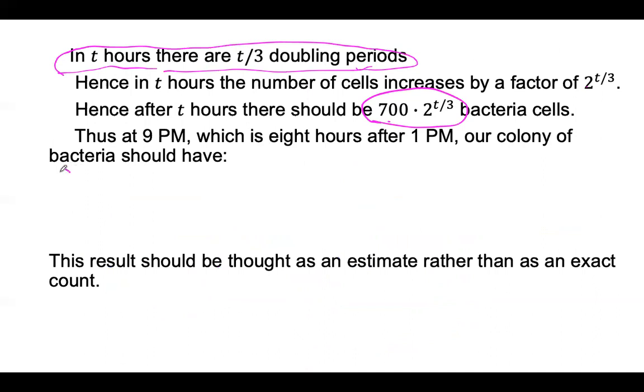So in this particular case, 9 minus 1 equals 8 is the amount of hours. So in 8 hours, there are 8 divided by 3 doubling periods.